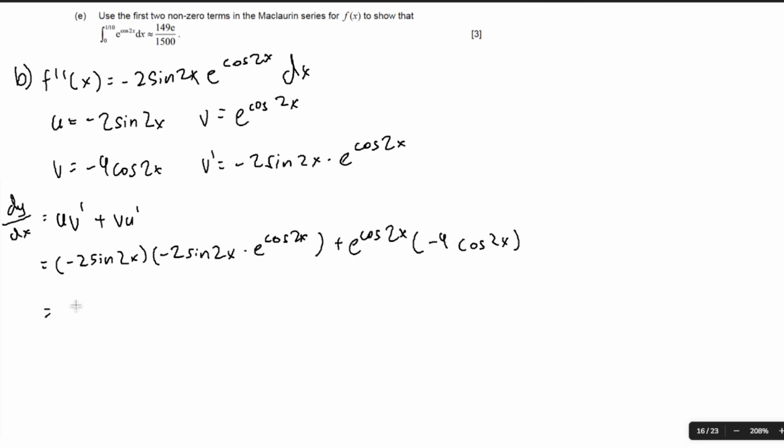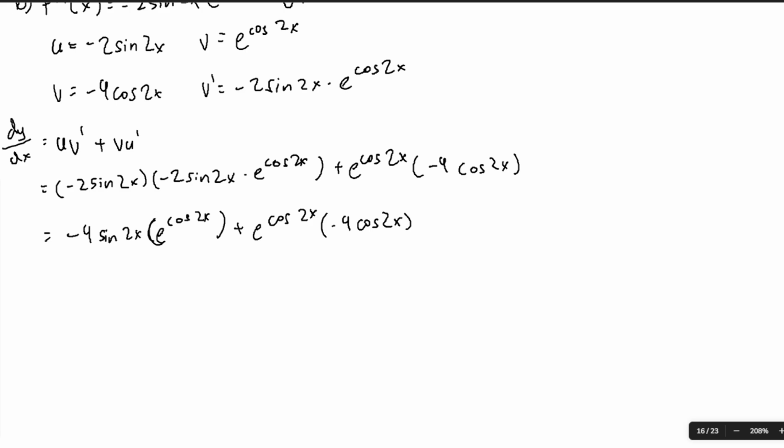Then we can combine these together: minus 4 sine 2x e cos 2x plus e cos 2x times minus 4 cos 2x. Then we can factor out minus 4 and e power cos 2x.